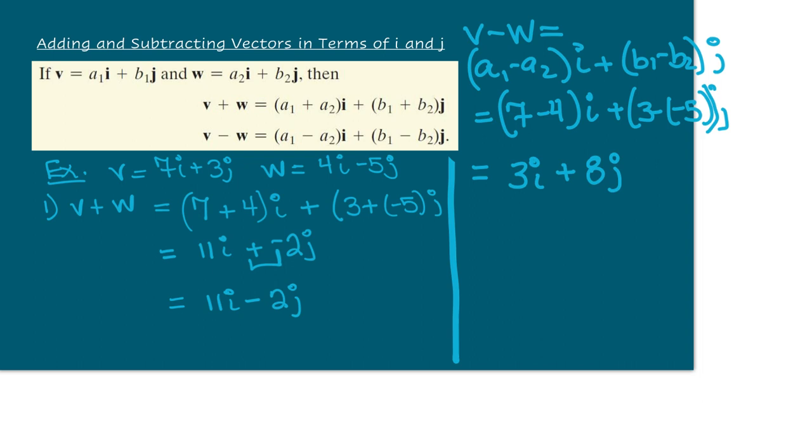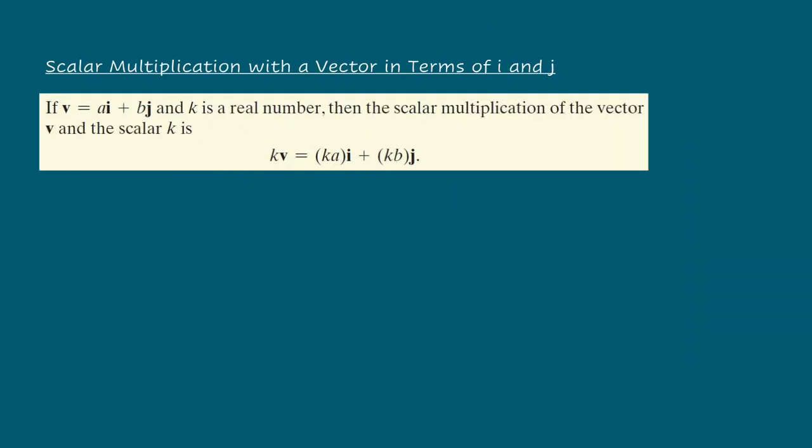All right, so let's take a look at multiplication. Scalar multiplication with a vector that is in terms of i and j. I'm just going to take that scalar and I'm going to multiply it times each component. I'm going to essentially distribute it through. I'm going to multiply that scalar times the a component and times my b component and write the resulting vector.